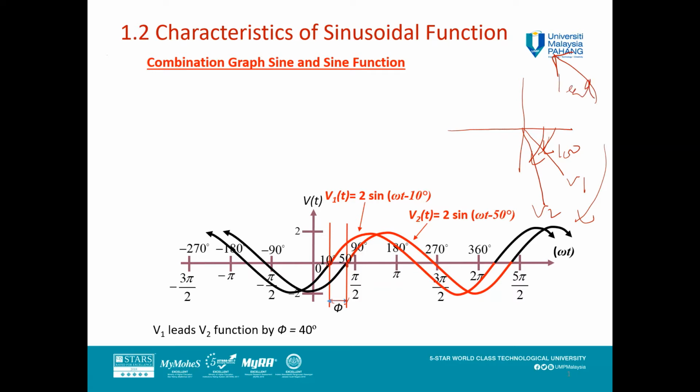So the one on top is V1. V1 is leading V2 by 40 degrees, meaning the difference is 40 degrees.